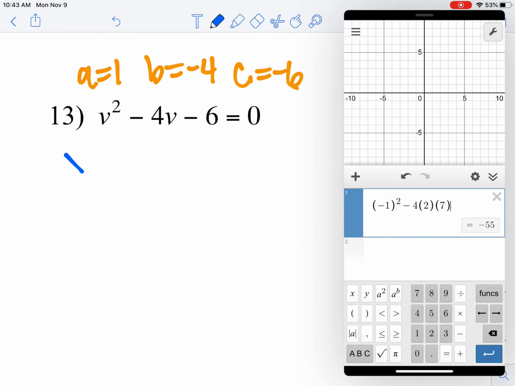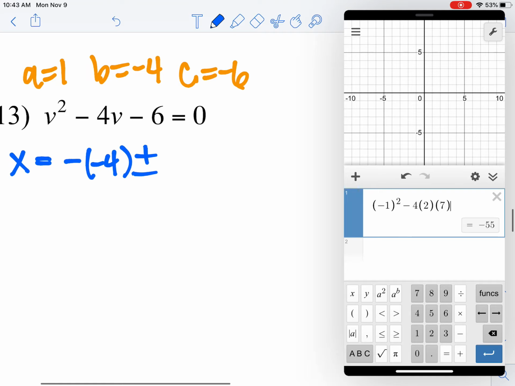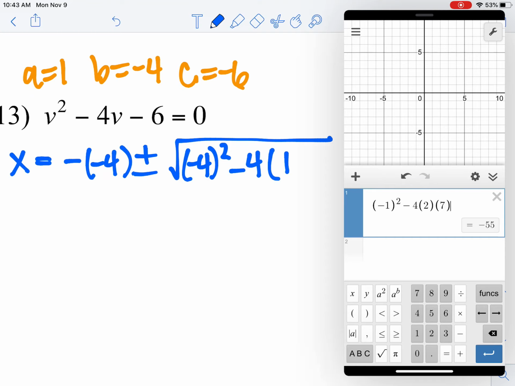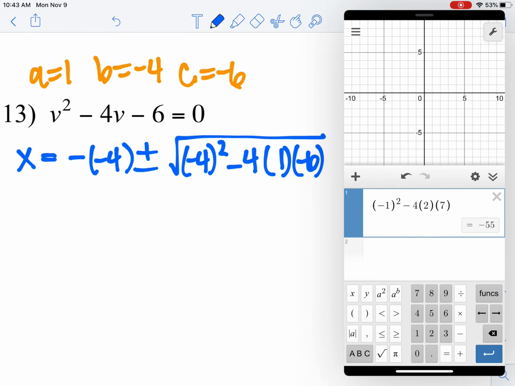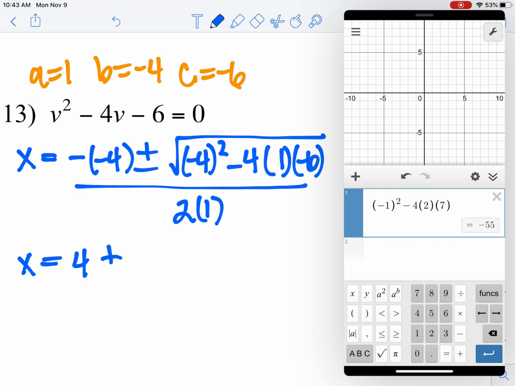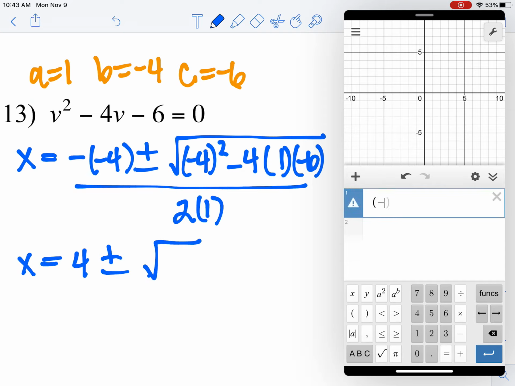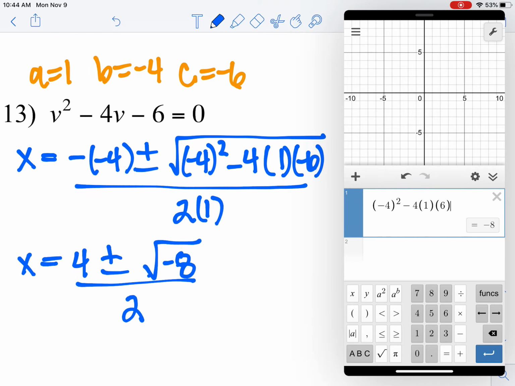So if I plug this in, x equals -4 plus or minus the square root of -4 squared minus 4 times 1 times -6, all over 2 times 1, 2a. So -4 will be +4 plus or minus the square root of -4 squared minus 4 times 1 times -6, which is 40, all over 2.